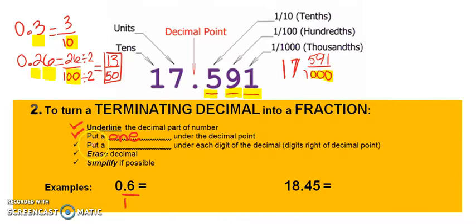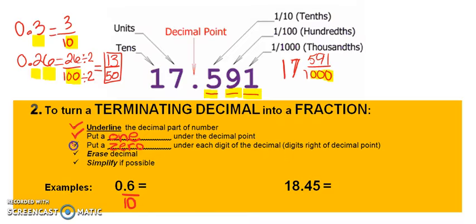Done. Now we're going to put something under each digit of the decimal part of your number. So in this case, 6 needs something under it. And like we said, the number of digits after the decimal should match the number of zeros. So 6 needs a 0. So we will put a 0 under each digit of the decimal part of your number.